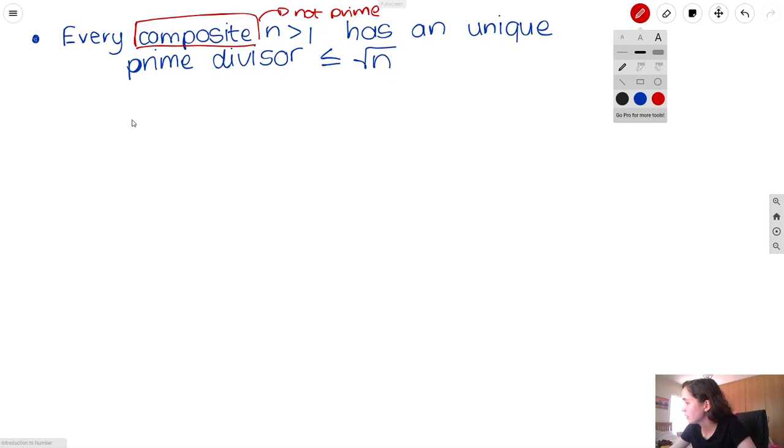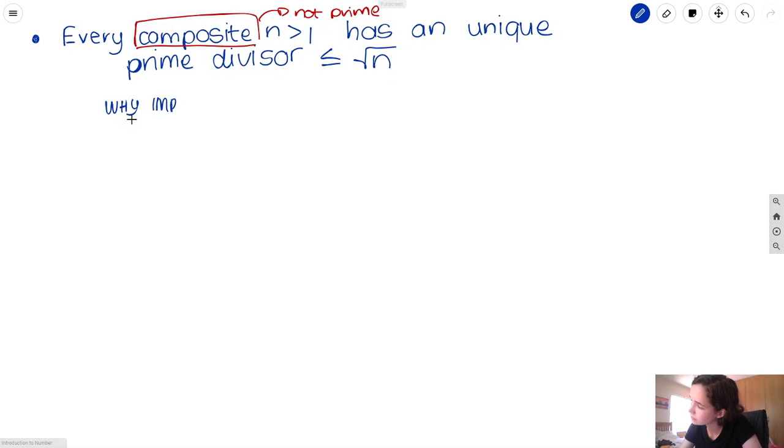So this would be important. Okay, so why important? This is important when you're checking whether a number is prime or not, and you want to lessen your work.